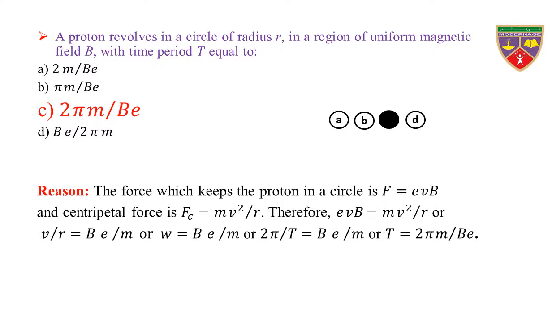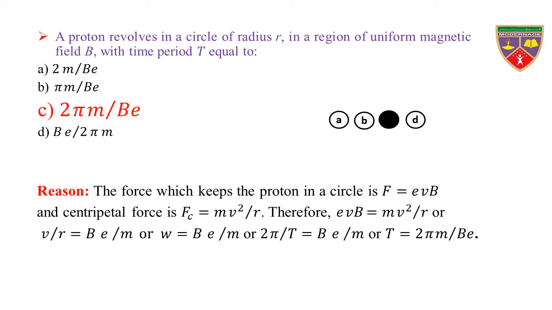Simplification gives v divided by r = Be divided by m. Omega is equal to Be divided by m, because v divided by r is equal to omega, the relation between the linear speed and angular speed.